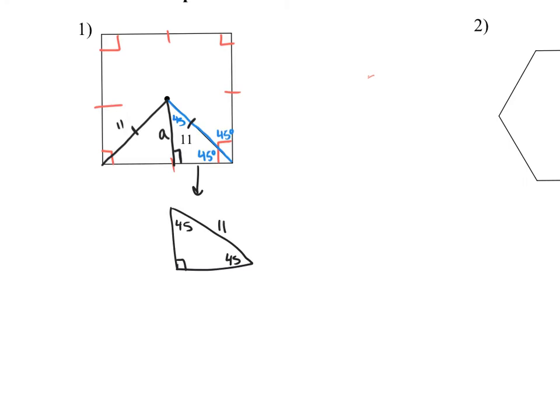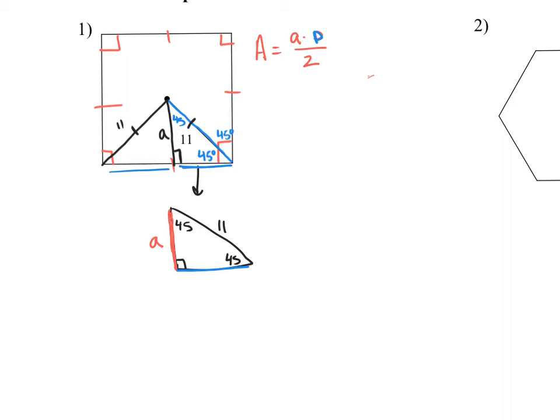I know the hypotenuse length is 11. Remember, our goal is to use that formula, the area equals the apothem times the perimeter divided by 2. Well, the apothem will be solved for right here. This will give us our apothem. To find the perimeter, we could use this side, which would equal this side.